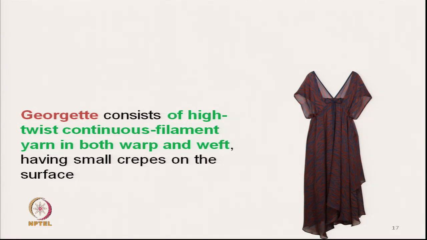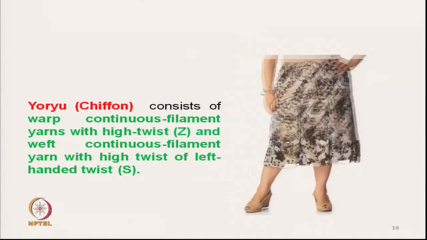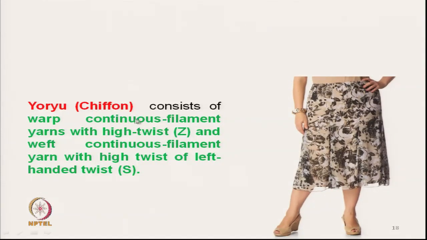This is georgette, high twisted. And chiffon consists of warp and weft that are again continuous filament, high twisted, and it is called waryu in Japanese. Maybe that is the term they use.